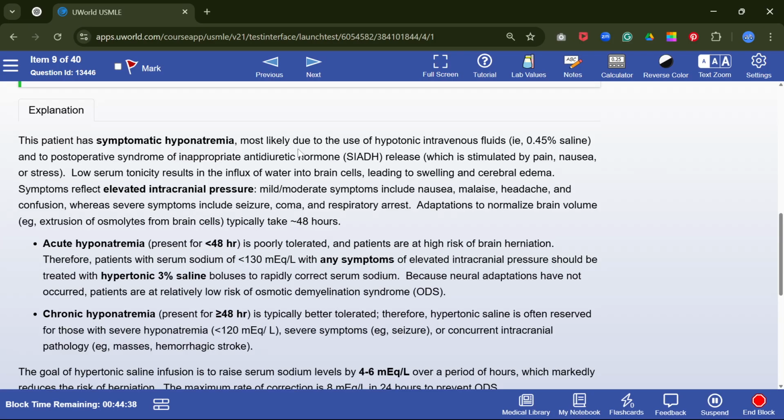Adaptation to normalize brain volume, by extrusion of osmolytes from brain cells, takes more than 48 hours. Acute hyponatremia, present less than 48 hours, is poorly tolerated, with high risk of brain herniation.